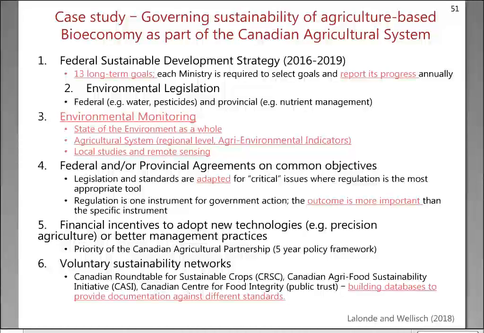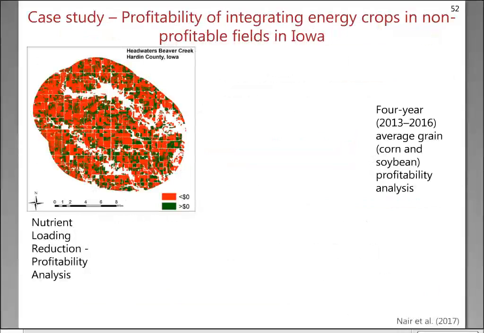Also there are voluntary sustainability networks that build up databases to provide documentation against different standards. So especially this part is driven by markets. Different markets require that different standards are met, and so systems are put in place by these different roundtables to deal with that.